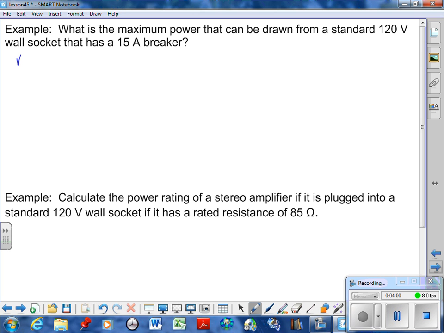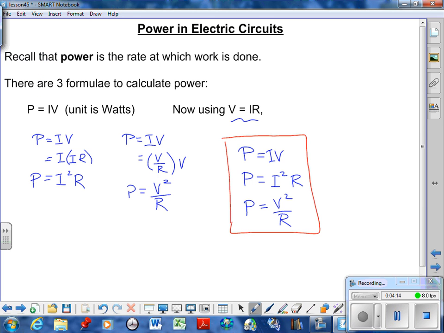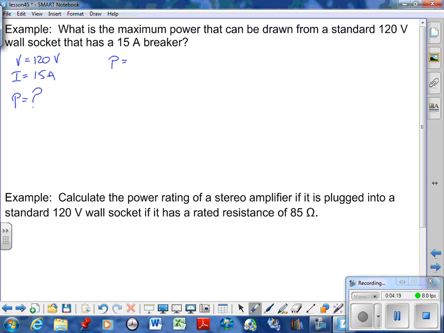So max power. So I know I have a voltage of 120, and I'm given a current of 15 amps. All right, and I want to find P. How much power can be drawn? Okay. So with that information, and again, from your red boxes, you're just picking the correct one here. It's just going to be IV. So 15 times 120.